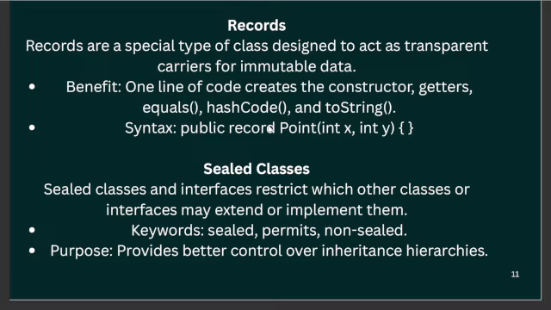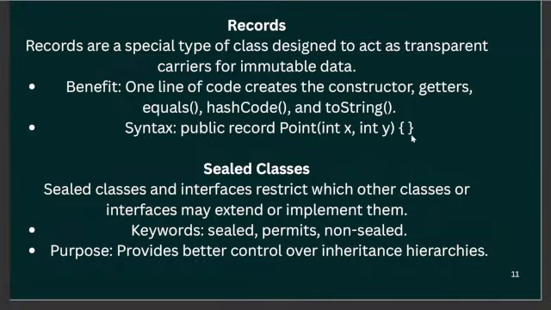The next will be records. Records are used to store data in a simple way, a special type of class designed to act as transparent carriers for immutable data. The benefit of records is that one line of code creates the constructor, getters, equals, hashCode and toString. The syntax is public record Point, with int x and int y as the parameters, and curly braces.